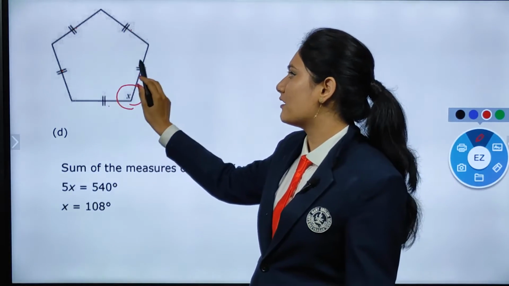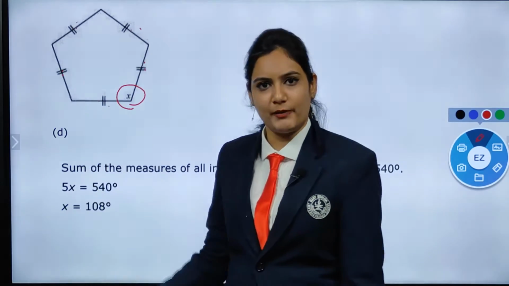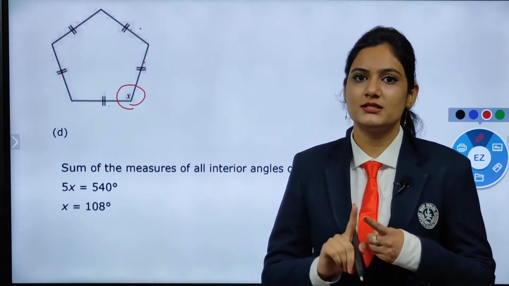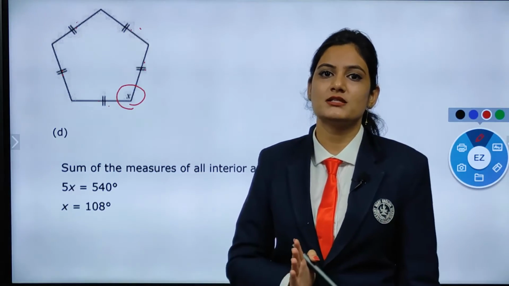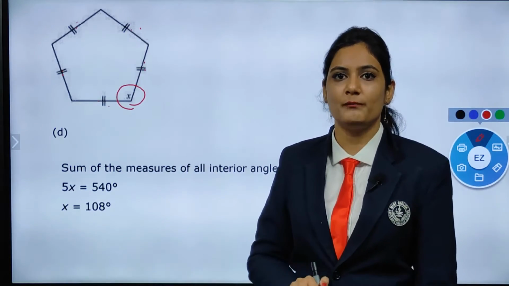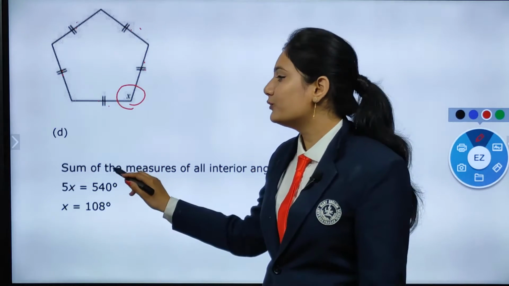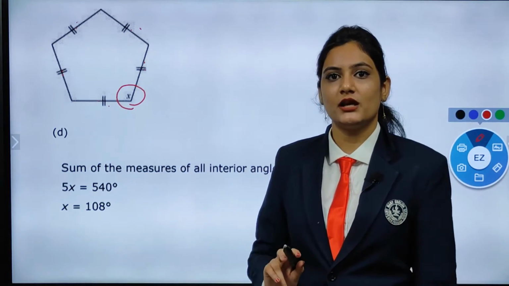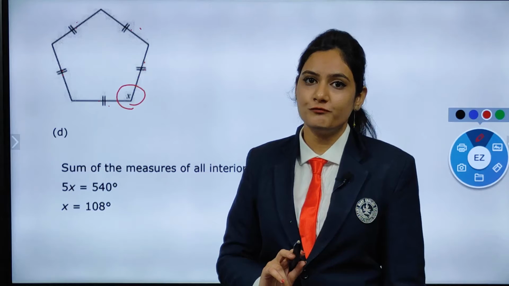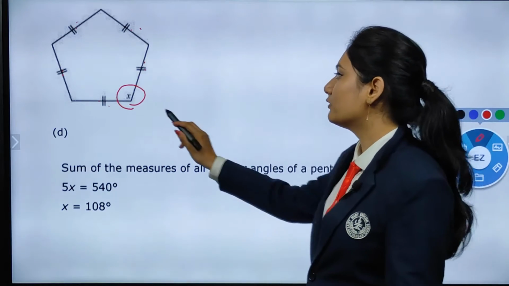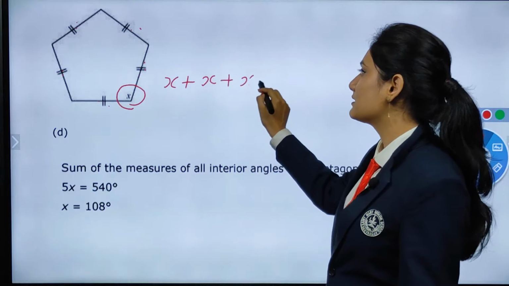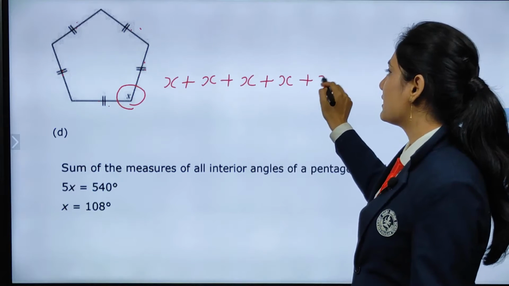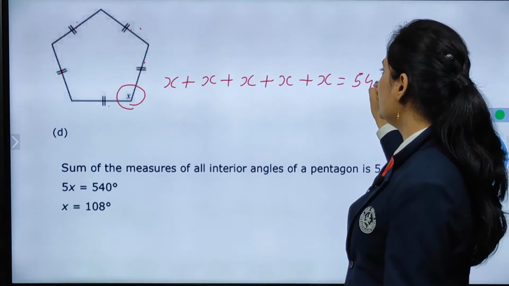When the number of sides is 5, that time it is a pentagon. So when all the sides and all the angles are equal and the sides are 5, we will say this shape is a regular pentagon. Now you know very well the sum of all interior angles of a pentagon is equal to 540 degree. So here it will be X plus X plus X plus X plus X is equal to 540 degree.